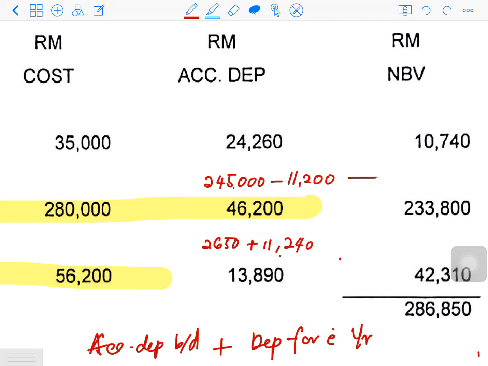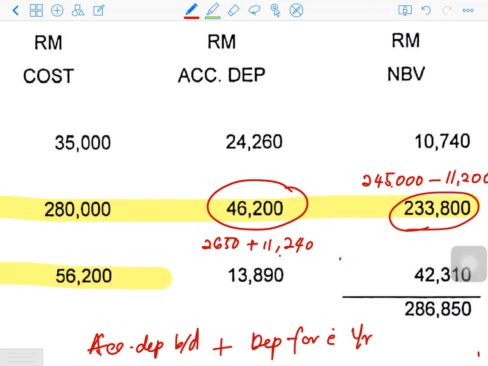You should get 233,800, right? And then when you get this 233,800, the figure here is actually... how much is this figure? This figure is this figure minus this figure, right?